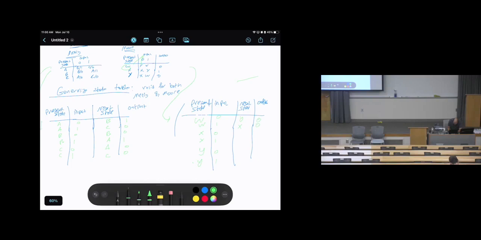With X, the input 0, it will go to X. With input 1 will go to Y. The output of both will be 1. With Y, if the input is 0, it will be X. With 1, it will be W. Here is X. Here is W. And the output of them will be zeros.